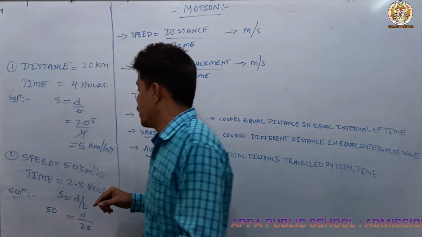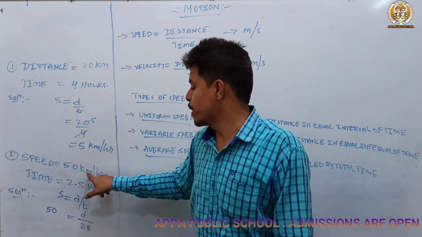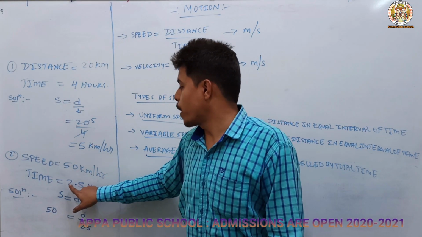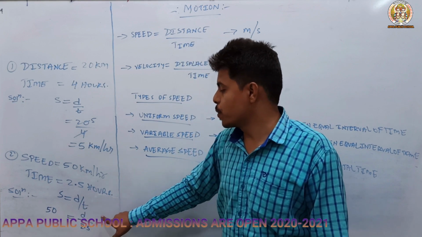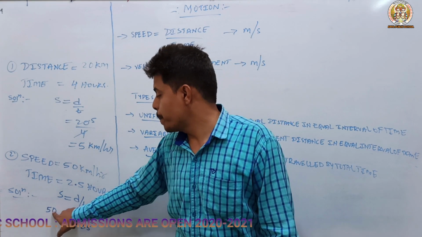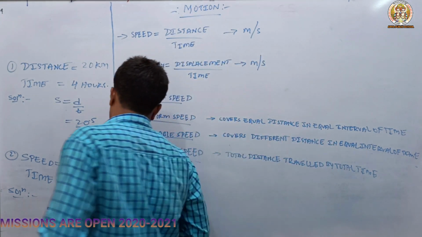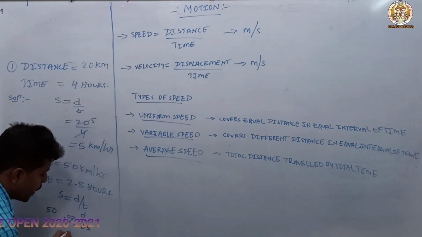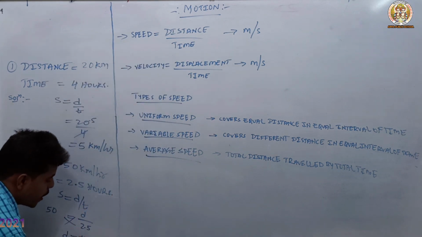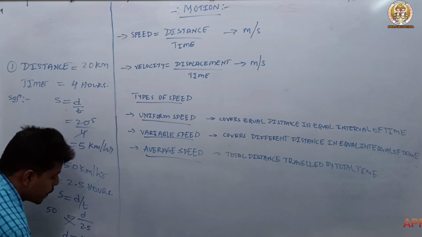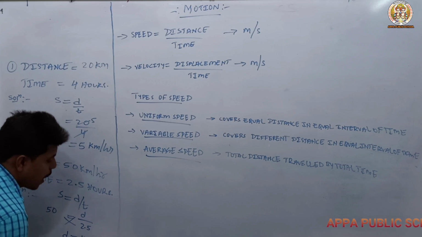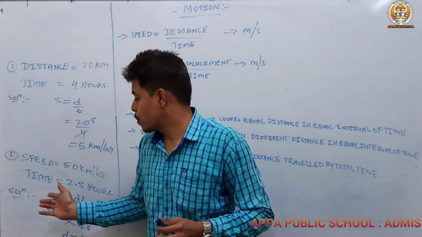We have substituted, and then we cross multiply. When we cross multiply, we get 125 kilometers, which is the answer for the question.